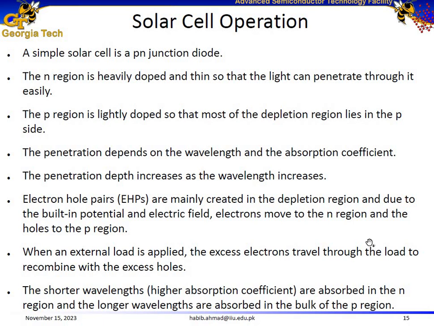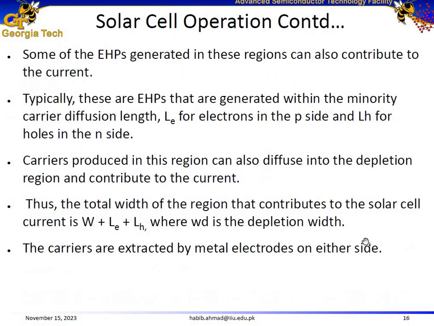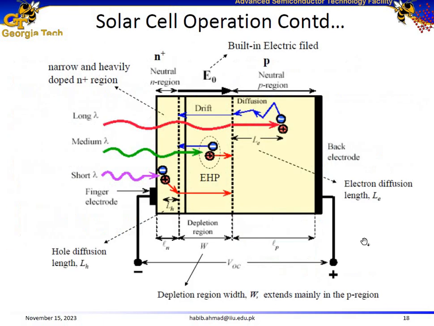Let's talk about solar cell operation, and for that purpose let's move forward to the structure diagram of a solar cell. Here is a simple structure of a solar cell in which we have an N plus layer on the left side and a p-type layer on the right side.